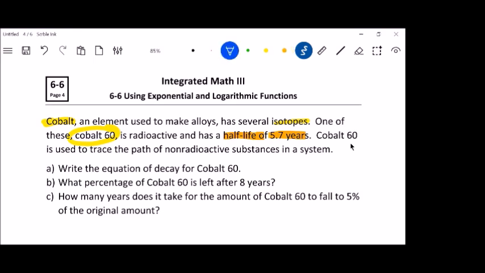We are going to write the equation of decay, and we're going to find the percentage left after 8 years. And then we want to find out how many years for it to fall to 5% of the original amount.